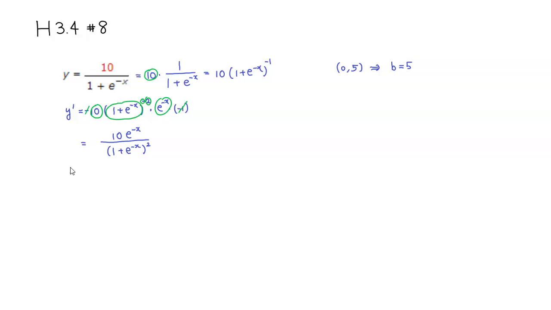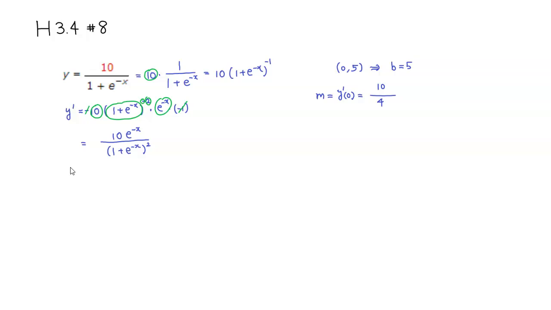The slope m is the derivative y prime, where we plug in 0 for x. So you have 10 times e to the 0, which is 1, over 1 plus e to the 0, which is 1, so 1 plus 1 is 2, and 2 squared is 4.